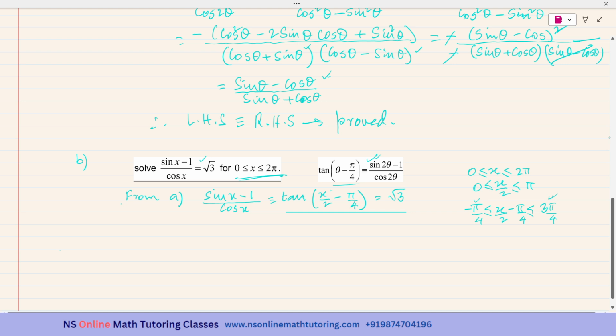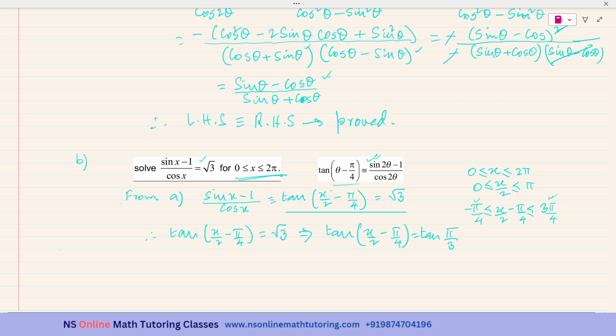Okay, so therefore, I'm writing the same statement once more, tan x over 2 minus pi over 4 equal to tan pi over 3. Tan pi over 3 is root 3.